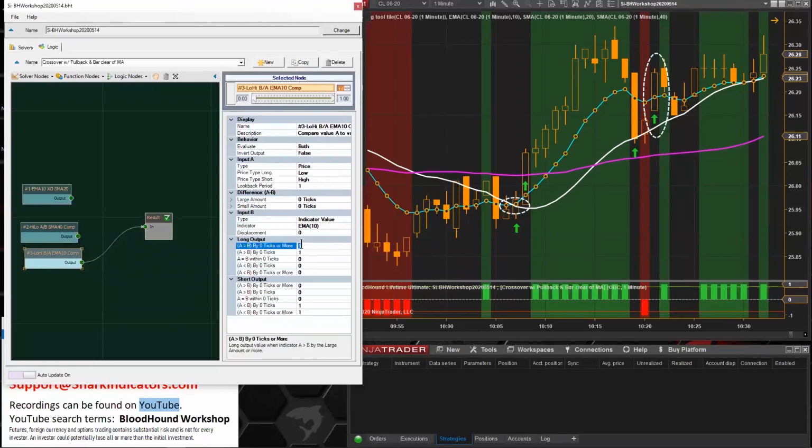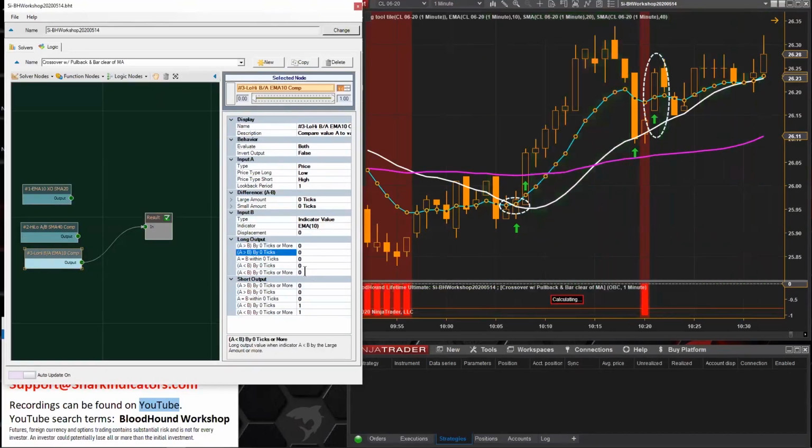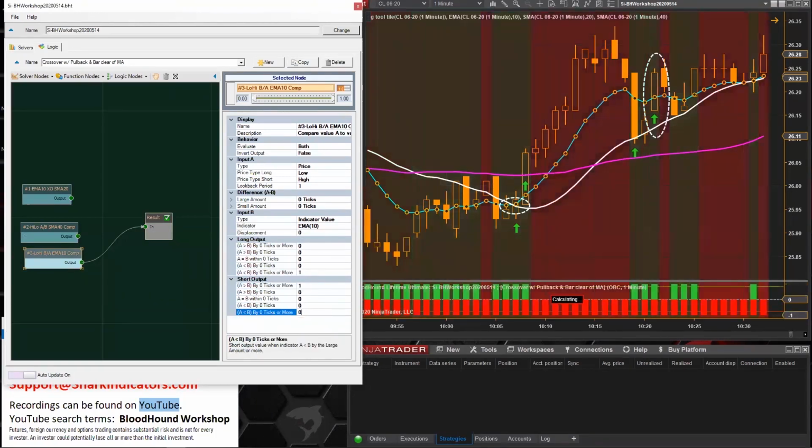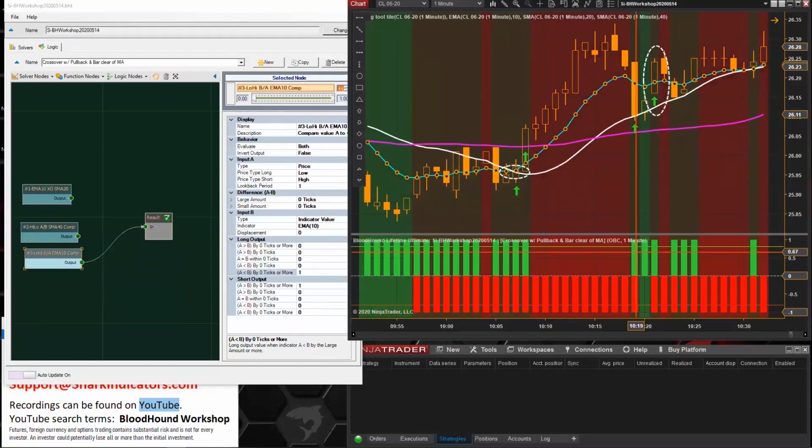So we need to reverse these outputs like this. Like so. There. And we can see BloodHound is giving us a long output when the bar is touching the EMA 10.